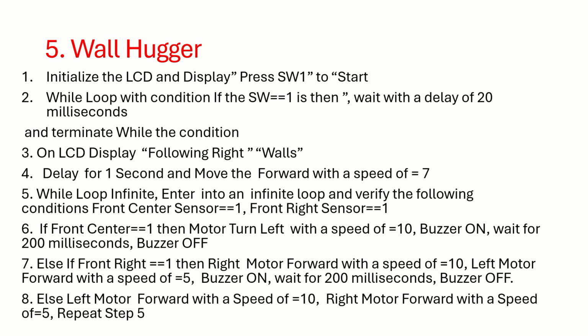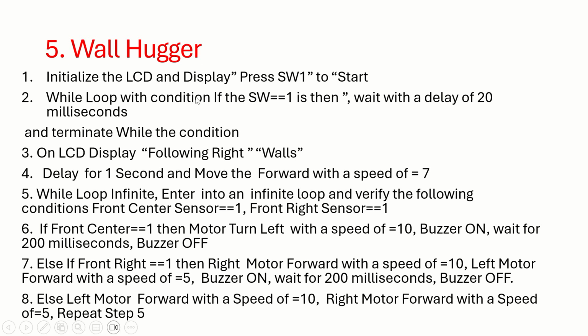The next problem statement is wall hugger. In this problem statement, we are using two sensors and the motors, including the LCD. The problem is as follows. First, initialize the LCD and display, in the first line, press SW1, and in the second line, start.